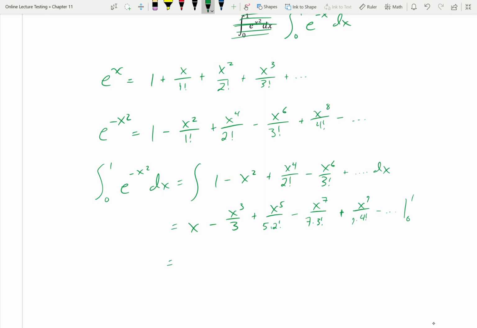Well, if I plug 0 in for all of this, then it all goes to 0. And so I'm left with 1 minus 1/3 plus 1/10 minus 1/42 plus 1 over 216 minus 1 over 1320 plus so on.